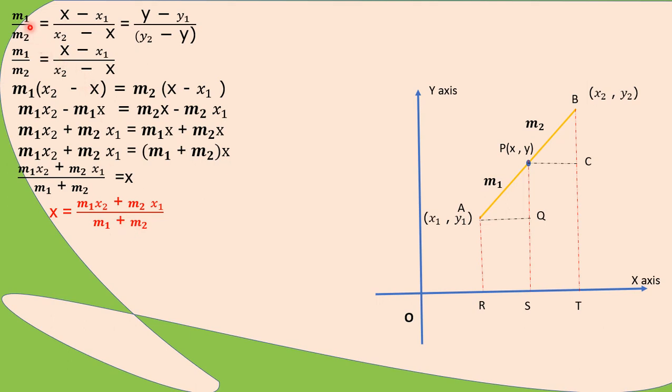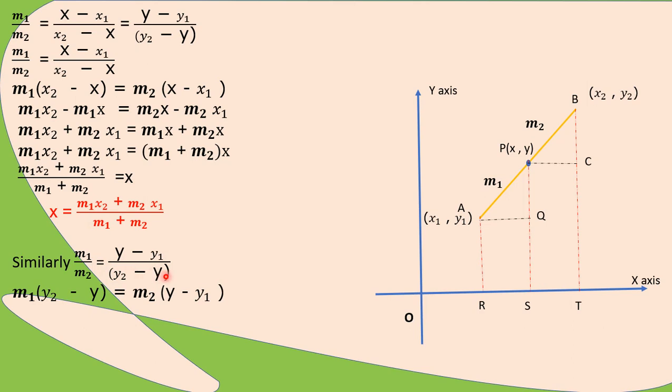Similarly, we equate M1 upon M2 with the coordinate y. So we have M1 upon M2 is equal to y minus y1 upon y2 minus y. Now cross multiplying we get M1 multiplied by y2 minus y, M2 multiplied by y minus y1. So by multiplying, M1y2 minus M1y is equal to M2y minus M2y1. Again the like terms are M2y and M1y for the variable y.